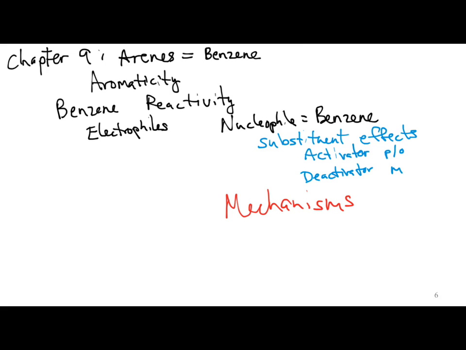Okay. Are we concerned about stereochemistry? Should we be concerned about stereochemistry with EAS reactions? No, why not? What's the hybridization of every atom on the carbon or benzene? sp2. Needs to be sp3 to be concerned about stereochemistry.